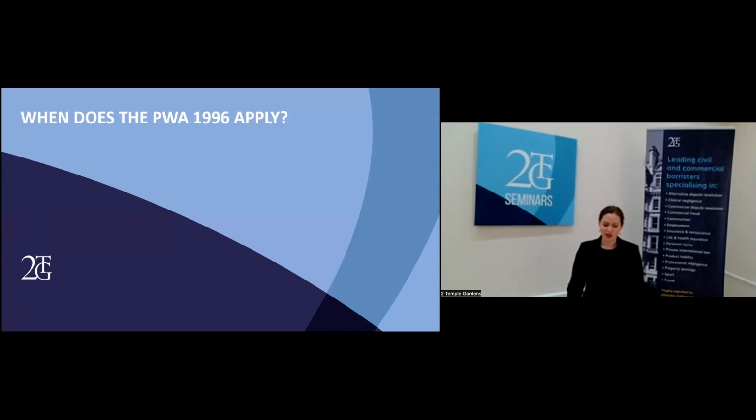The first question that we need to ask when faced with a new case which might have Party Walls Act issues is, unsurprisingly, whether the Party Walls Act in fact applies at all. Now, there are two elements to this question. The first is, could it apply? Are the facts of the case such that it prima facie falls within the scope of the Party Walls Act?